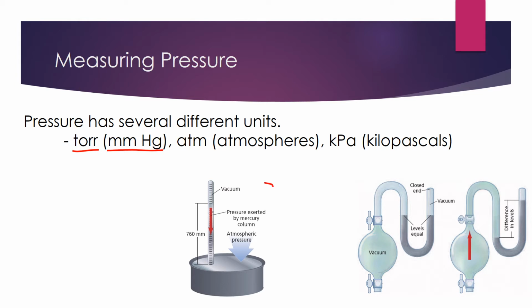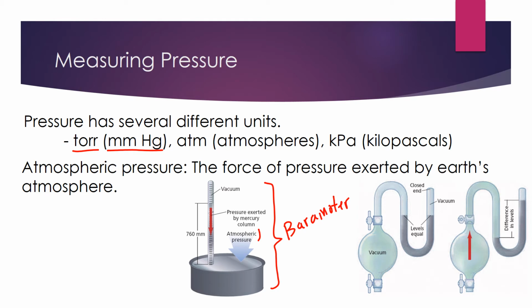This device here is known as a barometer, and you've probably heard this from watching the weather report. Now, the barometer is basically a bowl or a dish filled with mercury. We have pressure always coming from the atmosphere, and that's called atmospheric pressure. The atmospheric pressure is just the force of pressure that we feel caused by the Earth's atmosphere.